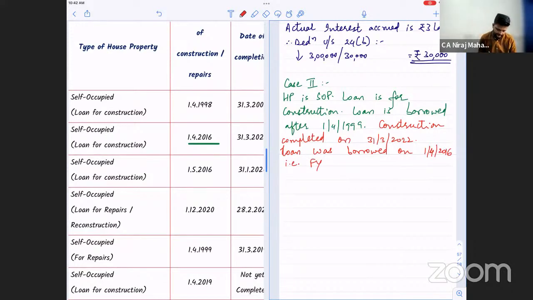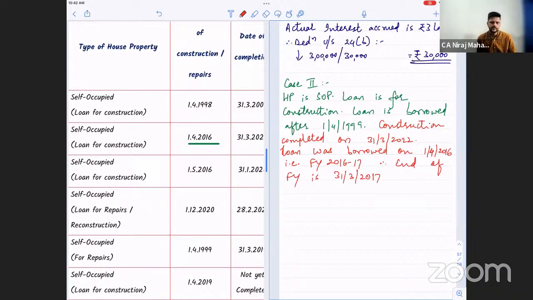Financial year 16/17. Therefore, end of financial year is what, bachcho? What date? 31/3/2017. Did you understand what is happening here?